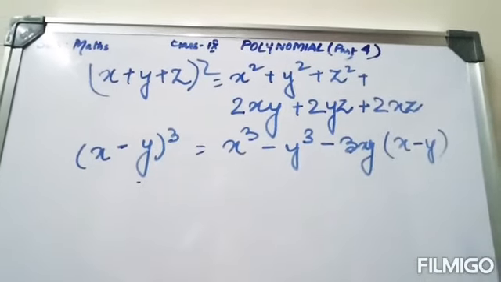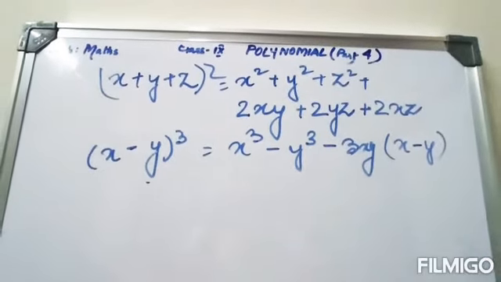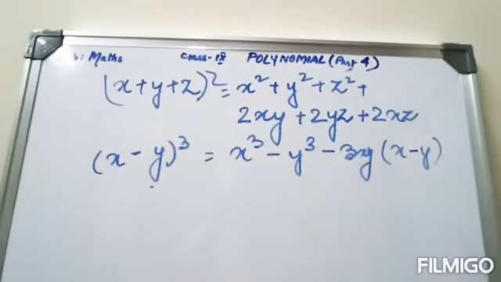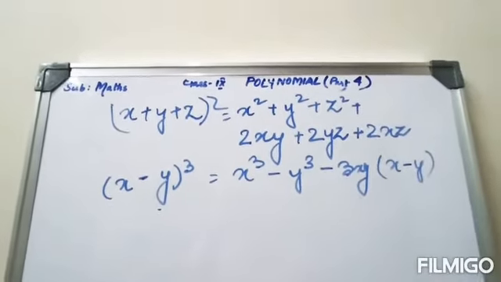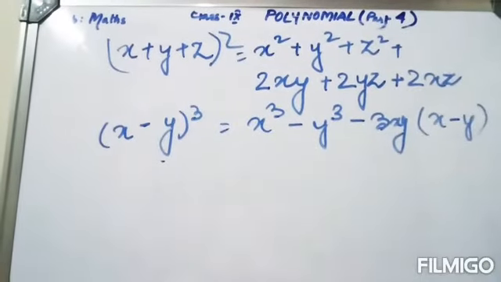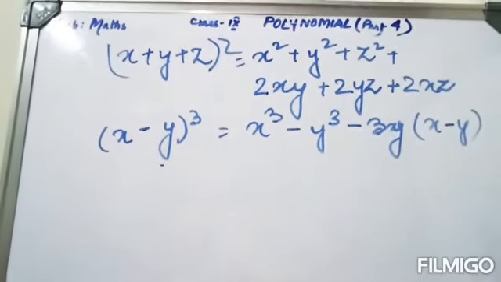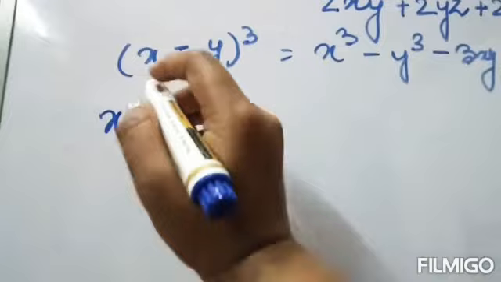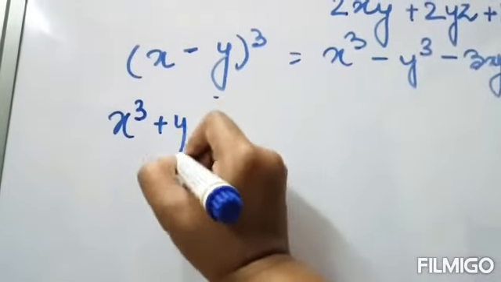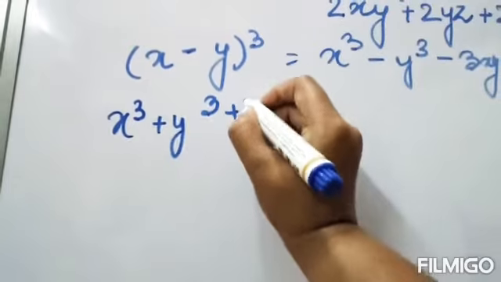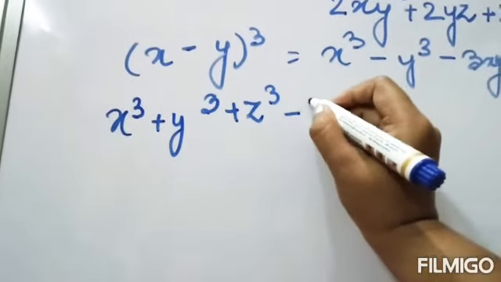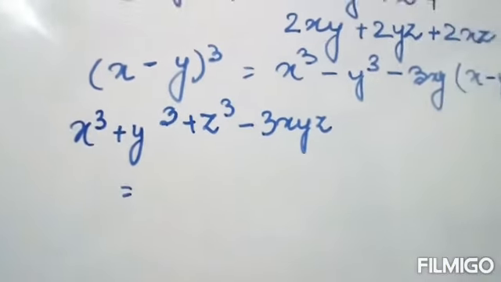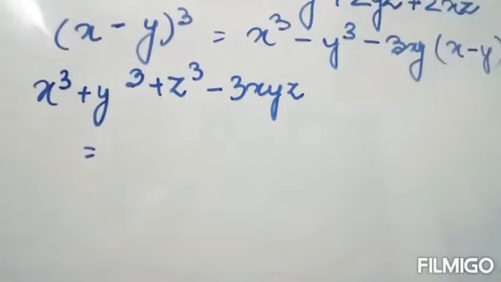Got it? So we will be using these identities. Another identity we have is again a cube, but with three variables. Suppose x cube plus y cube plus z cube minus 3xyz is given. What will be the expansion of this?